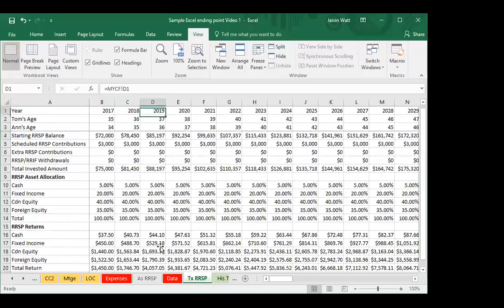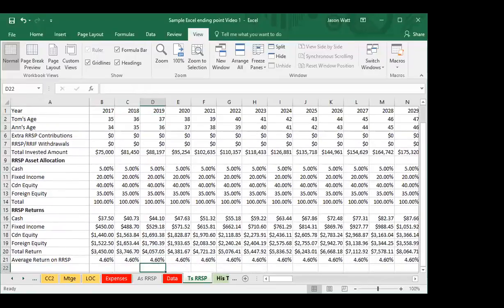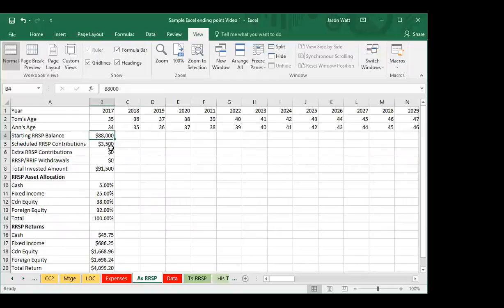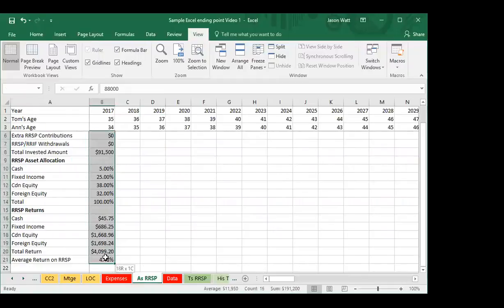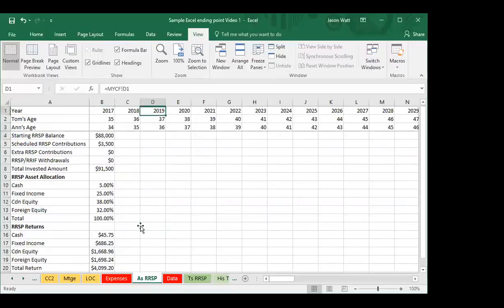And just like we did for Tom's RRSP, we can pop over to Ann's RRSP then, and we can just grab all that stuff. Oh, sorry, we do have to fix one thing here. I apologize. We have to make sure that we get the right amount in the RSP next year.